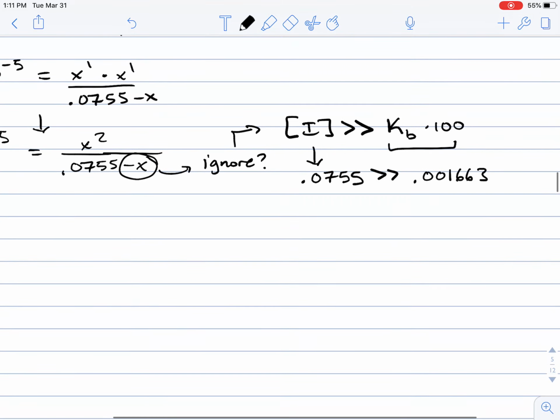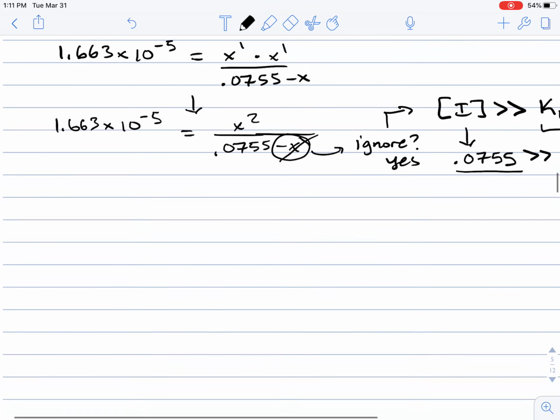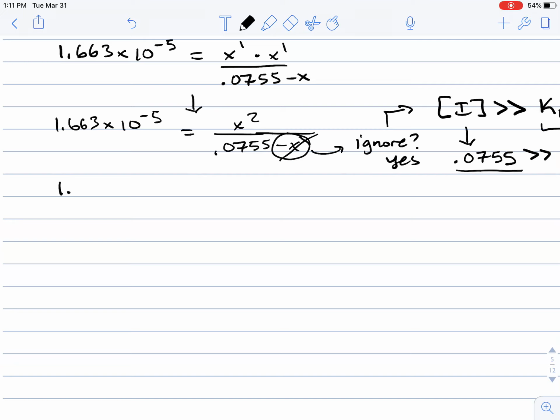Is 0.0755 far greater than 0.001663? The answer is yes. So we can ignore this x in the denominator, thus reducing our calculation to simply this.